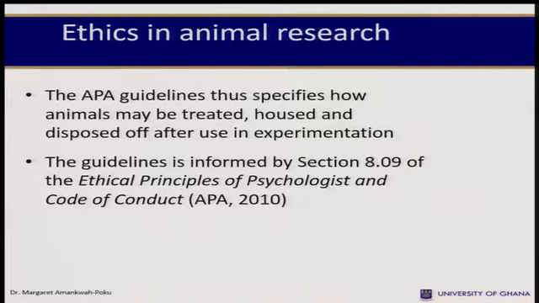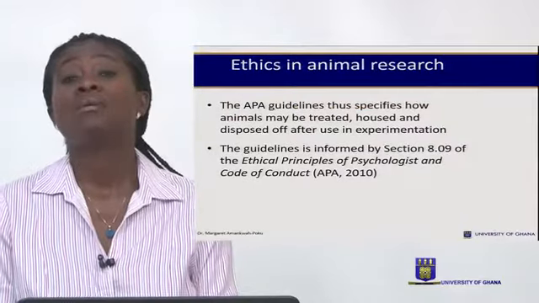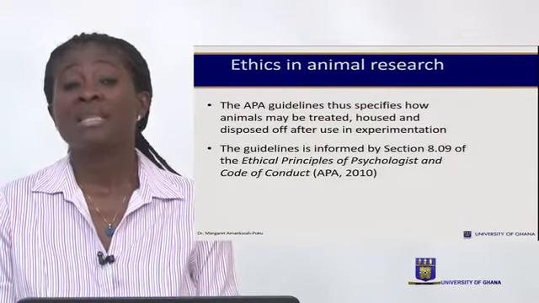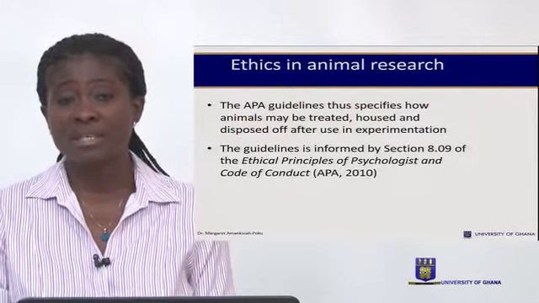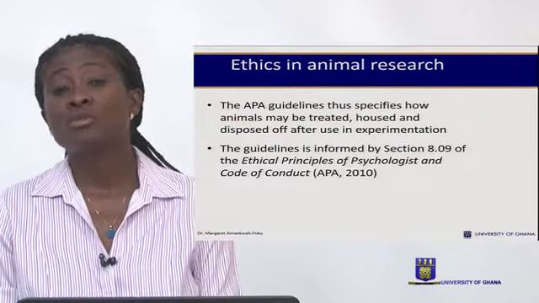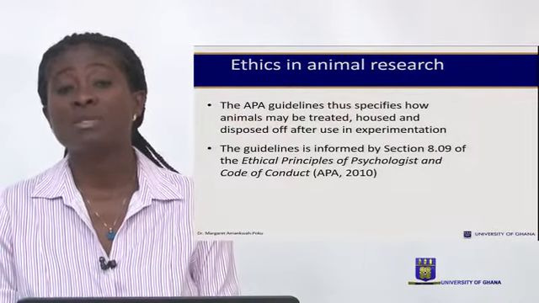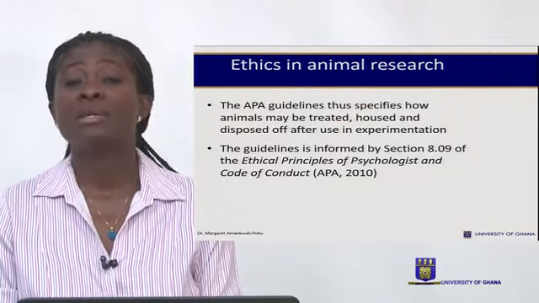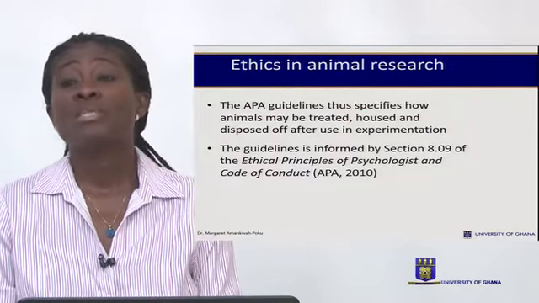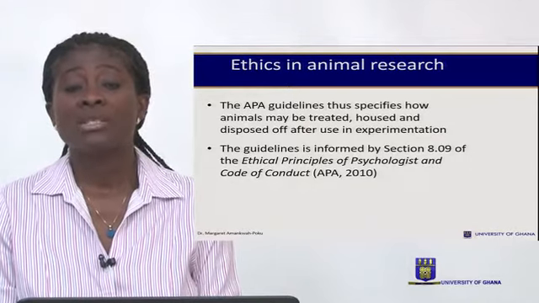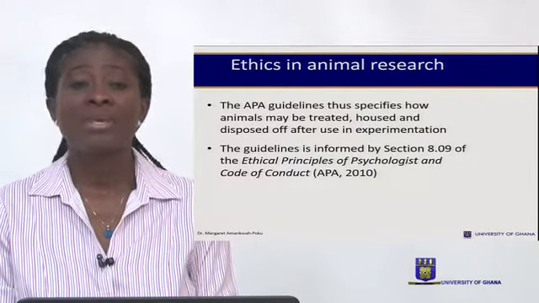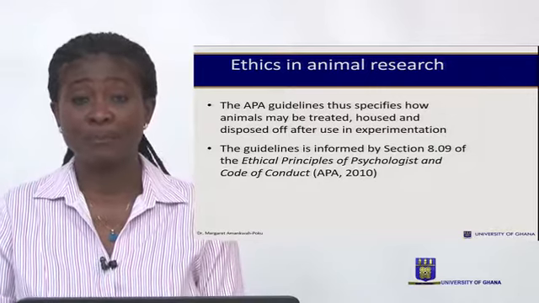The APA guidelines specify how animals should be treated, how they should be housed, and how they should be disposed of after they have been used in experimentation. The guidelines I'm going to talk to you about are informed by Section 8.09 of the Ethical Principles of Psychologists and Code of Conduct, APA 2010.